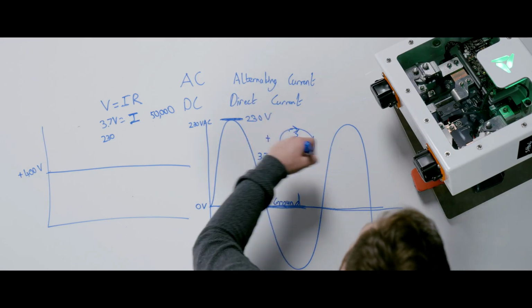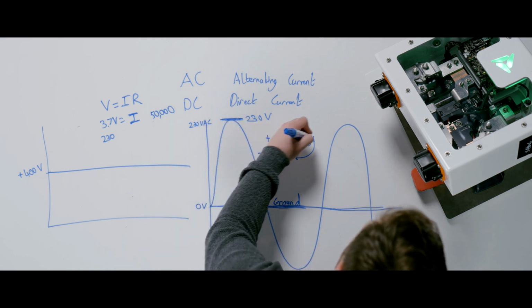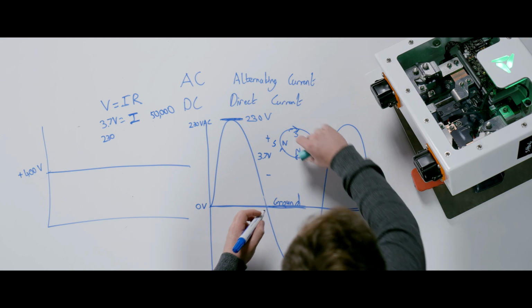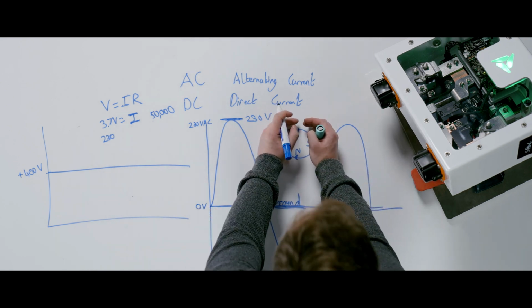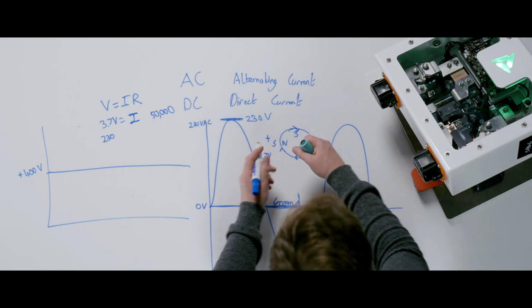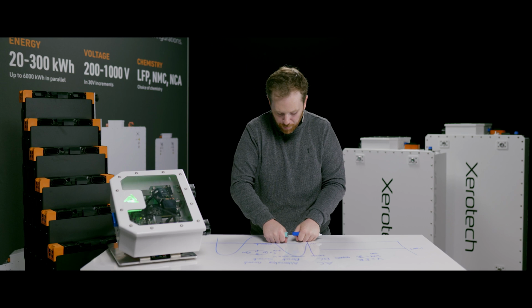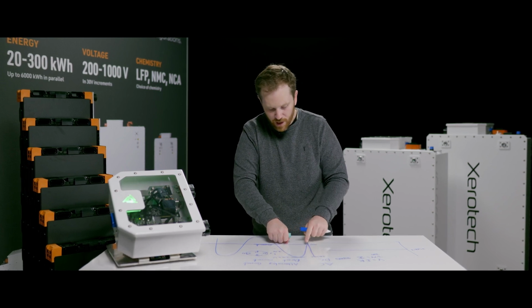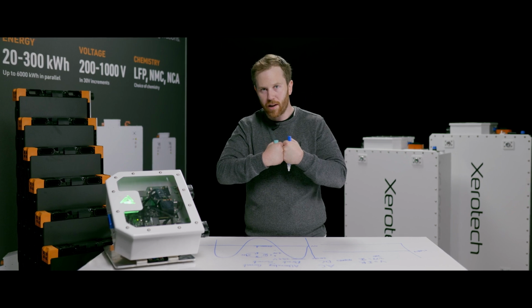And as they rotate around in a loop, that's what you're seeing here. If you've got magnets here on the outside, so you've got an inner part of the motor that's spinning and the outer part of the motor that stays static, these north and south magnets, they try and repel each other, they try and push each other back. So as they're trying to push each other back, you're creating a higher and higher voltage. It's like compressing a spring, coiling up energy.